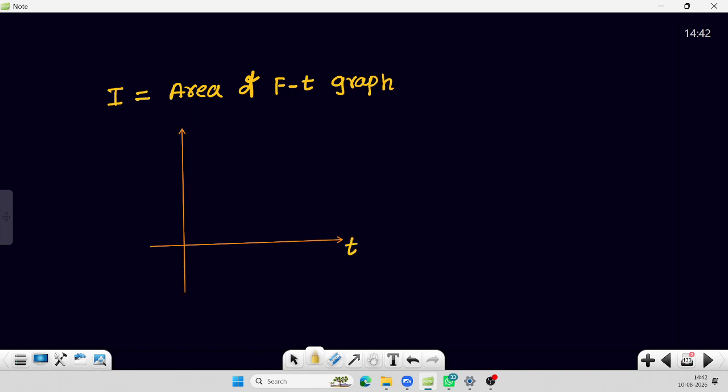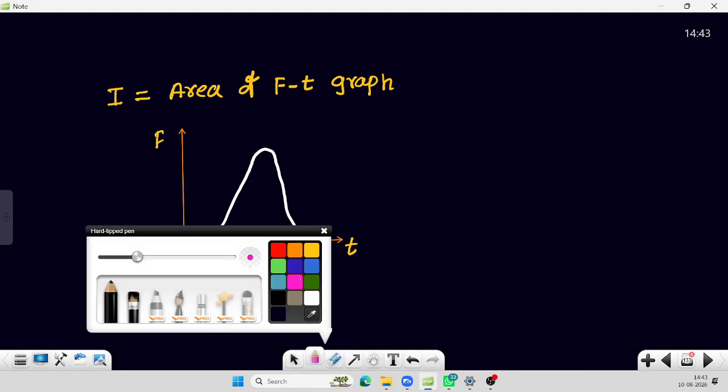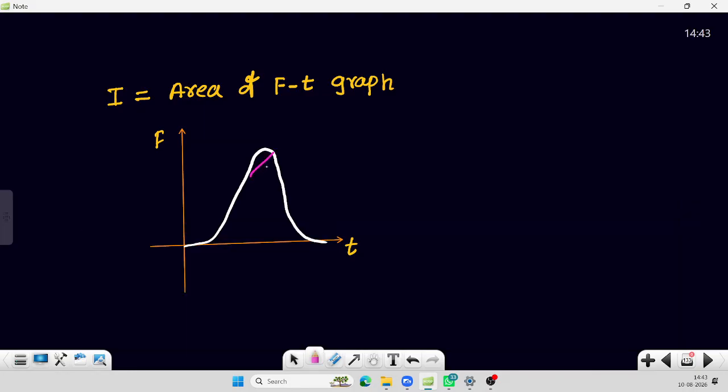If they give a graph like this, where a force acts on a body for a very small time, then the area of this graph is the impulse.